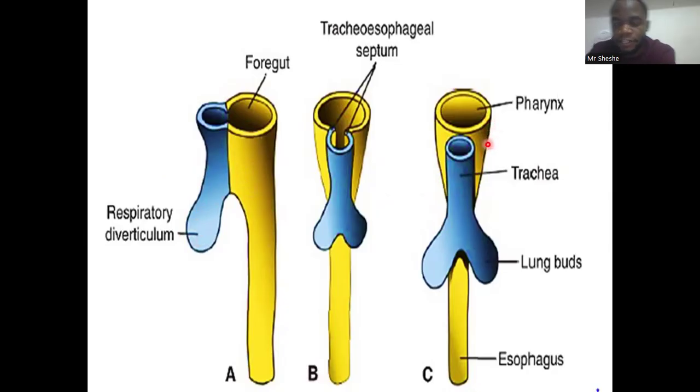Now, tracheoesophageal fistula comes in when there is incomplete separation or closure of these two ridges, so that the trachea is not independent from the esophagus. There remains a communication. That is a congenital defect, and there are various reasons why it may occur: exposure to certain medication, genes, drugs, and so on, that may interfere with the processes of embryology.